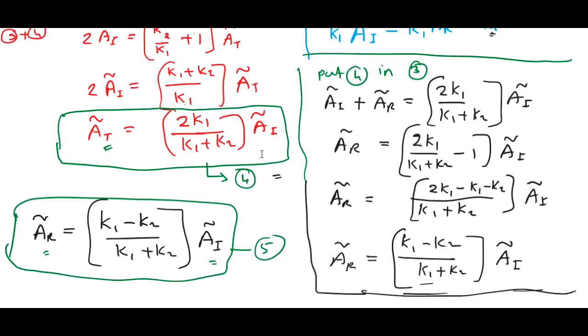Here the results we obtained are in terms of K1 and K2, which represent the wave vectors in medium 1 and medium 2. It is very difficult to measure the wave vectors K1 and K2. Therefore, we are looking for an expression in terms of the wave velocity.